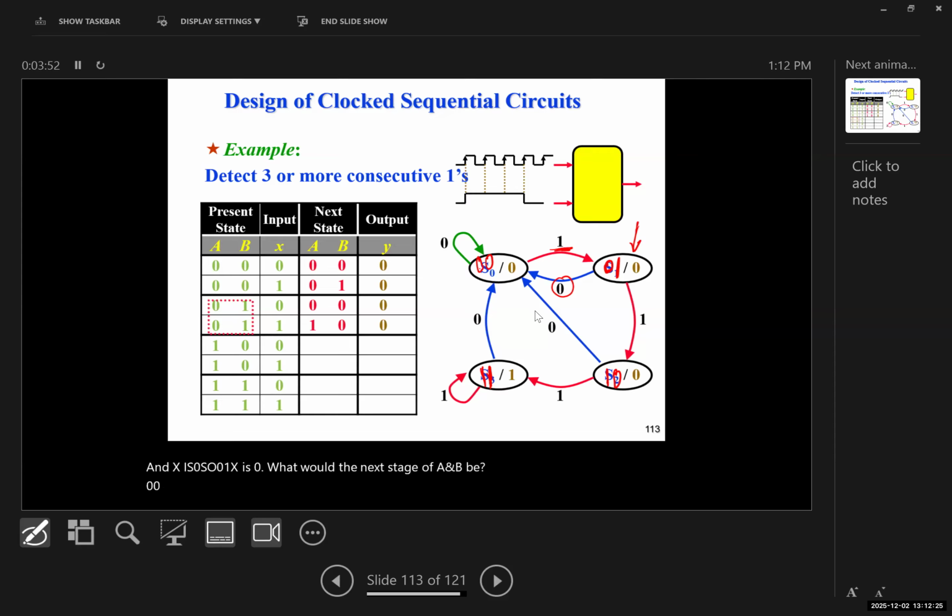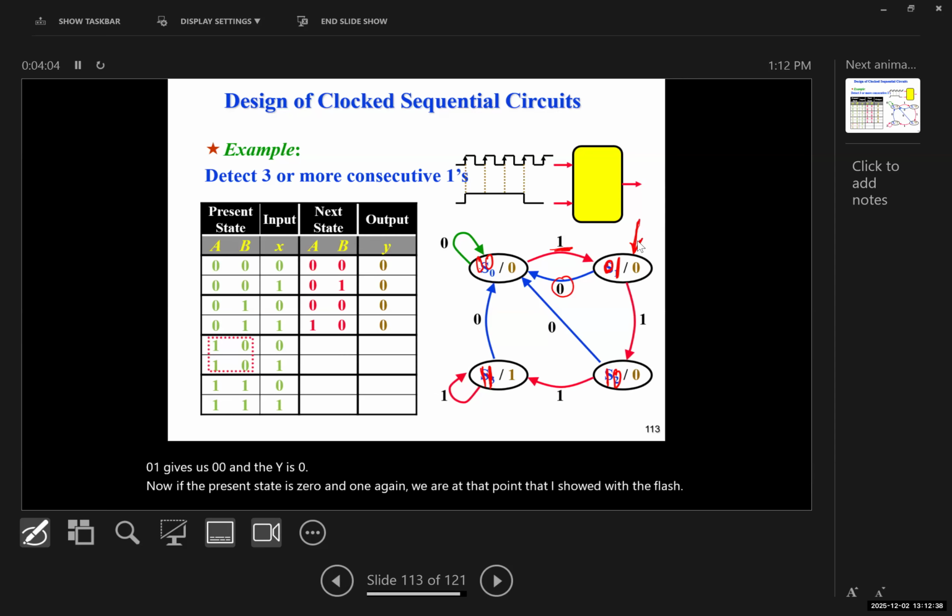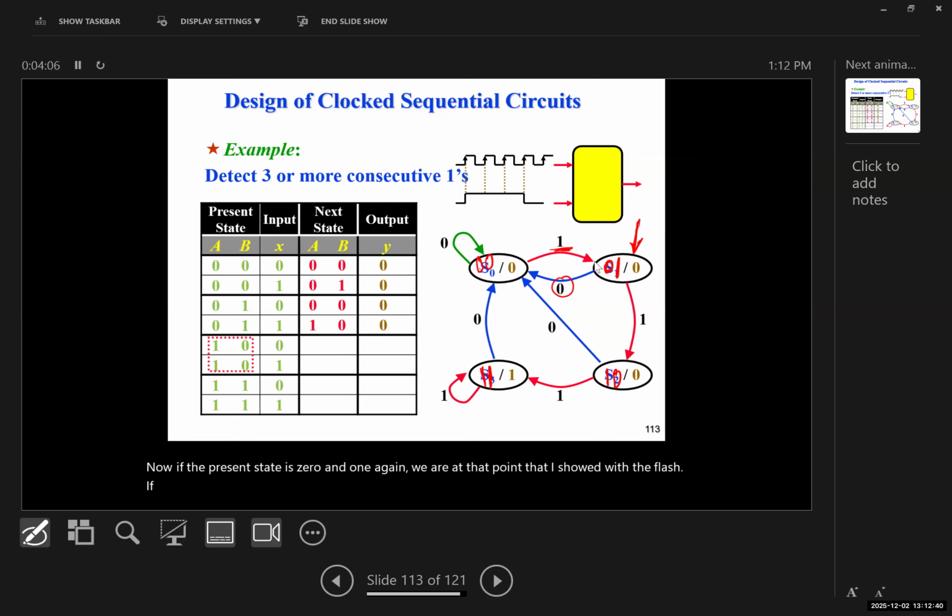So 0, 1 gives us 0, 0, and the Y is 0. Now, if the present state is 0 and 1, and the input X is 1, what happens? We will move to 1 and 0, and Y would be 0.